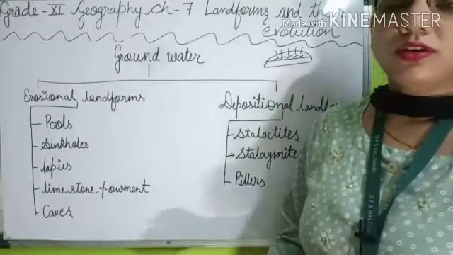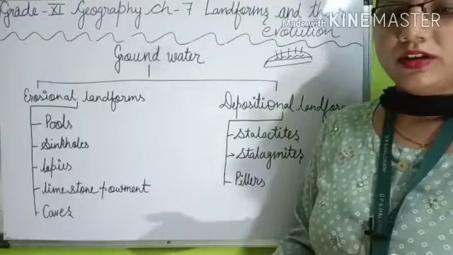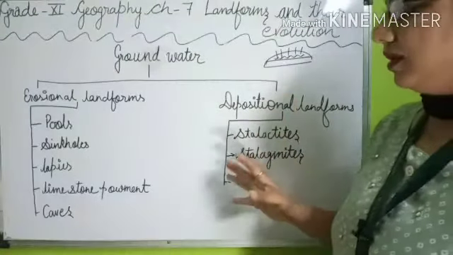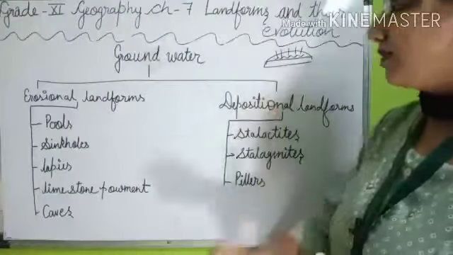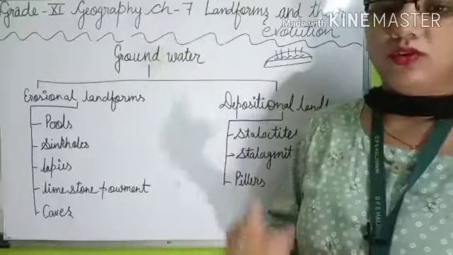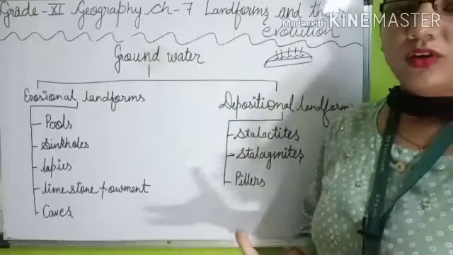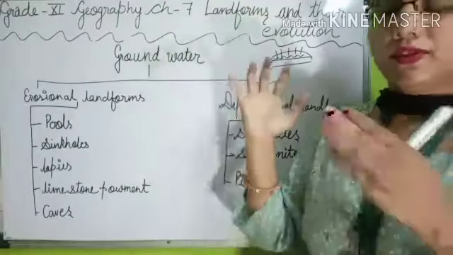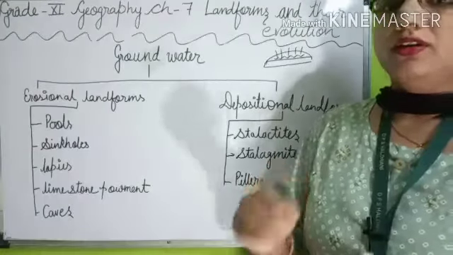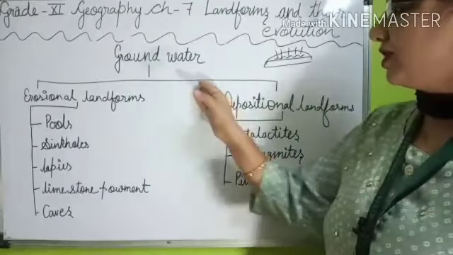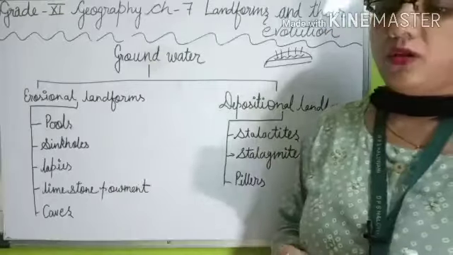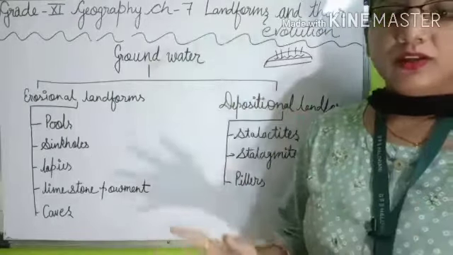The groundwater deposits many things, and even erosional landforms occur due to the groundwater. So students, the groundwater develops varieties of landforms. Why so?